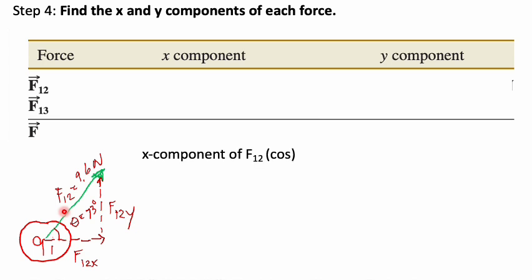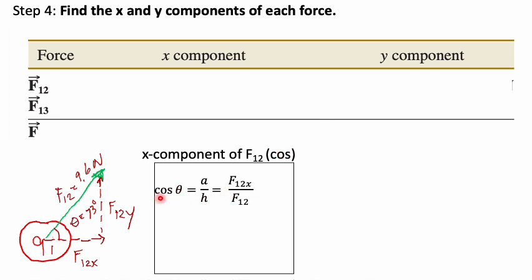To get the X component of F12, we can use the cosine function. Cosine theta is equal to the adjacent over the hypotenuse. The side adjacent to the angle of 73 degrees is the X component of F12, and the hypotenuse is the force 1, 2, which is 9.6.